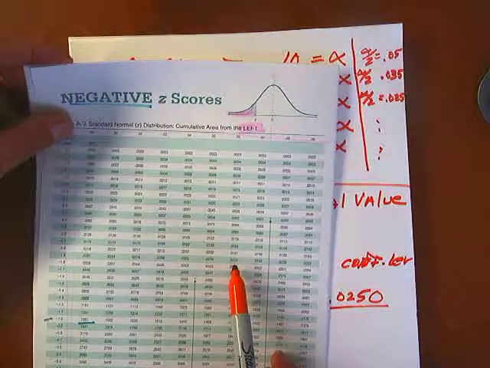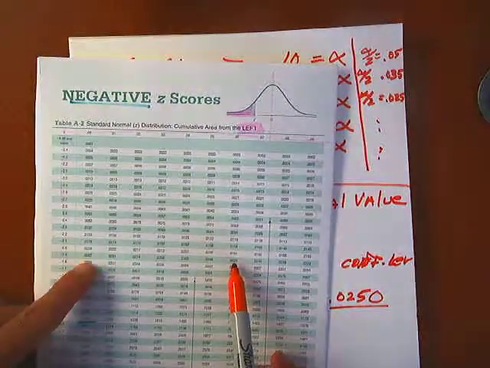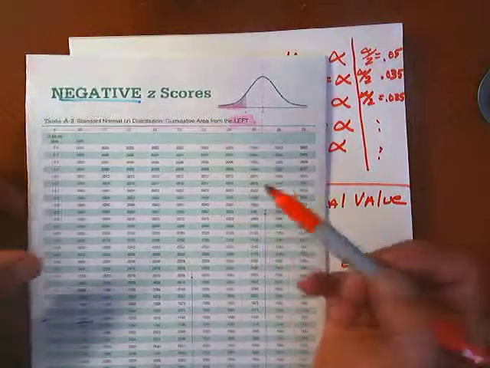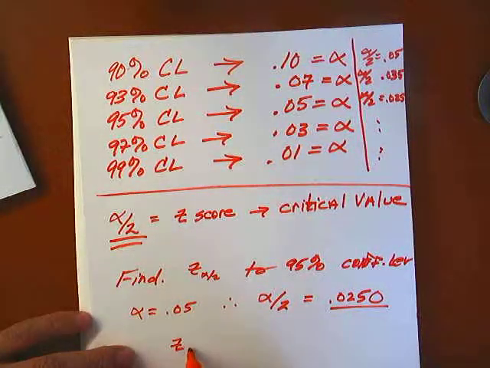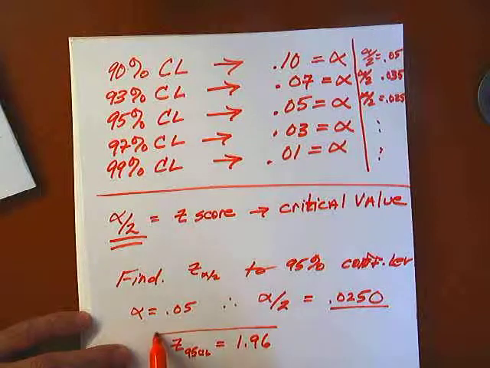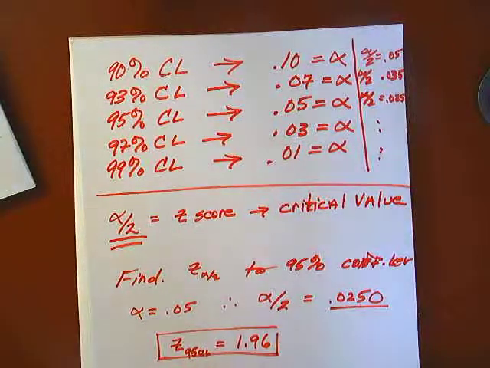When you look in your handy dandy table, look up 0.025. That's going to be 0.0250, 4 digits, there it is, 1.96. So your z-score for a 95% confidence level is equal to 1.96.